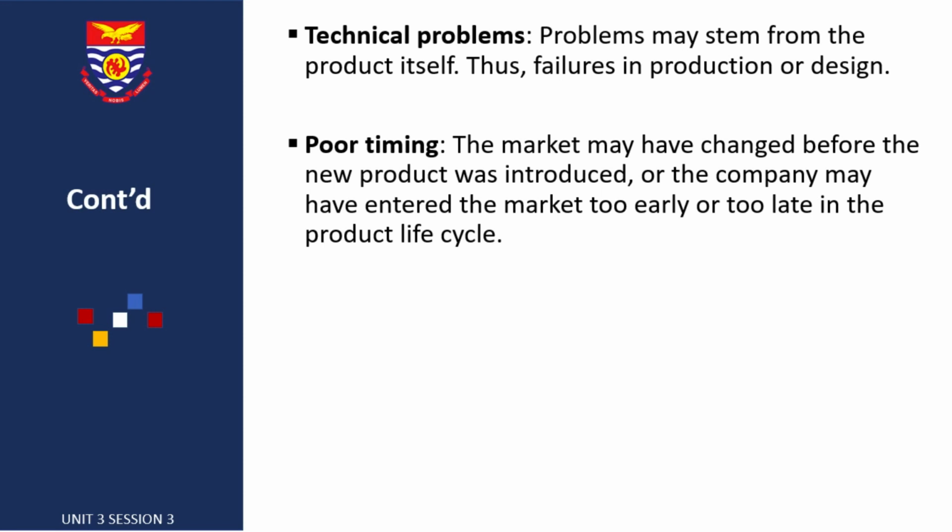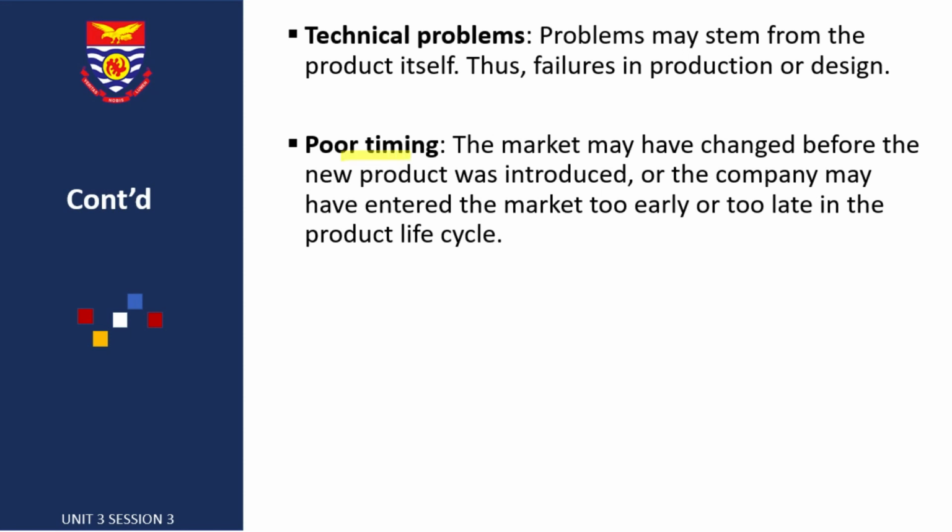People do come up with new product designs, and some people come up with modifying or adding an innovative feature, but afterwards the product is not able to serve its intended purpose. When it happens that way, we say there is a technical problem because of that the new product has failed.